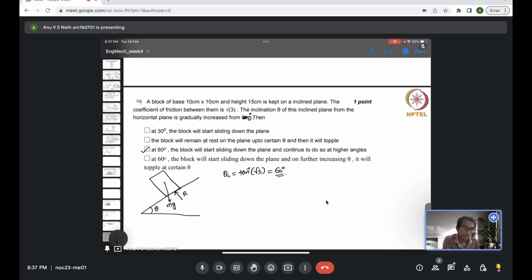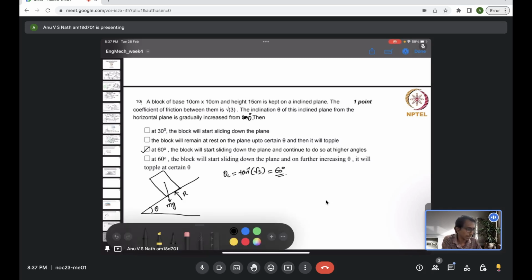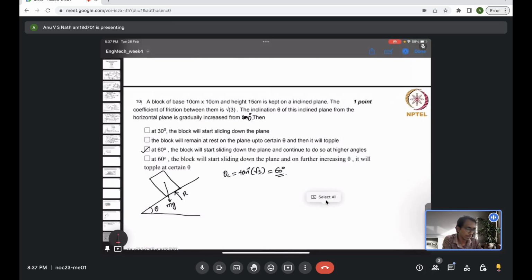Now if you increase the angle theta, you can do a thought experiment and understand what will happen. About this point O, it can actually have a rolling kind of motion. That's called toppling motion.